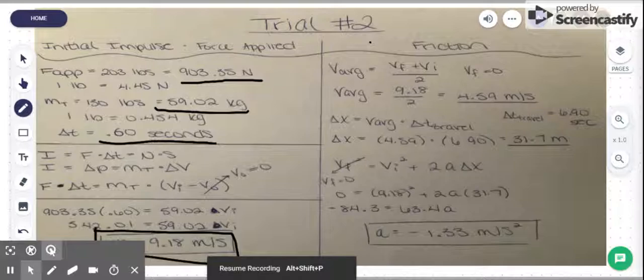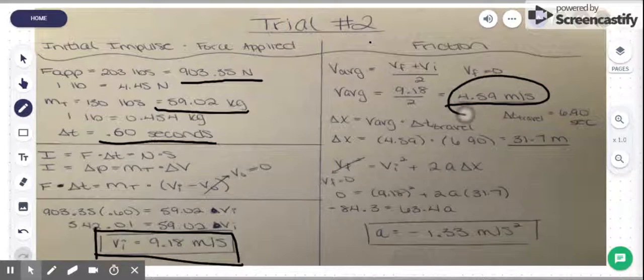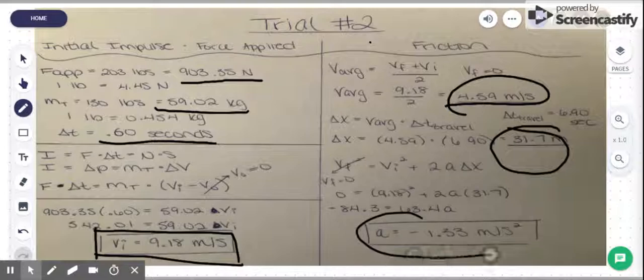Using the same kinematic equations, Heather's average velocity was 4.59 meters per second. Knowing her travel time is 6.9 seconds, we solve for the distance, which is 31.7 meters. Using this information, we solve for acceleration, which is a negative 1.33 meters per second squared.